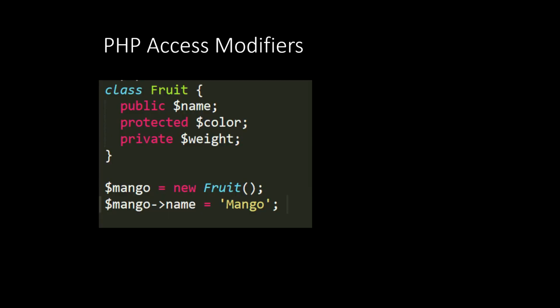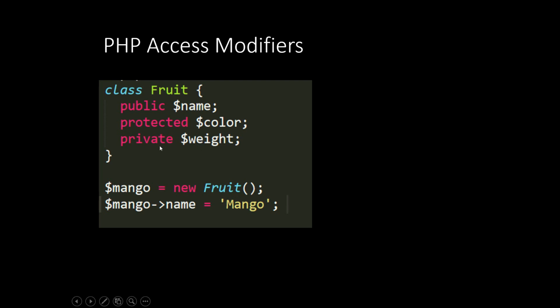So to understand the access modifiers in PHP, let's see this example. We have a class whose name is fruit and it has three different properties with access modifiers. We define the name variable with public, the color variable with protected, and the weight with private.